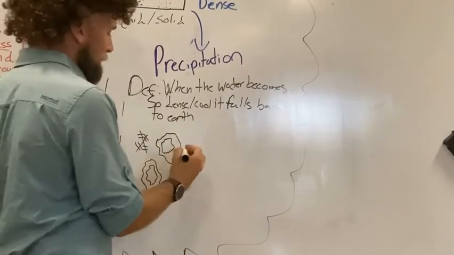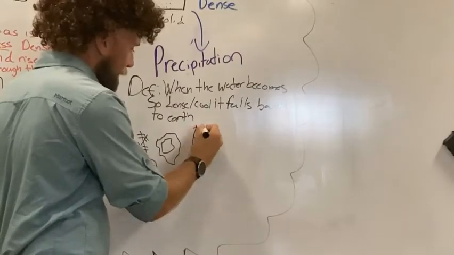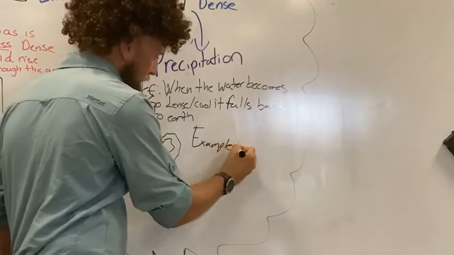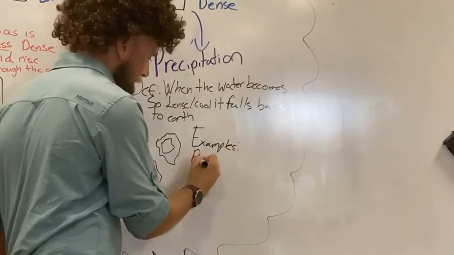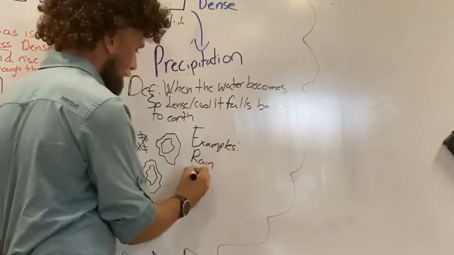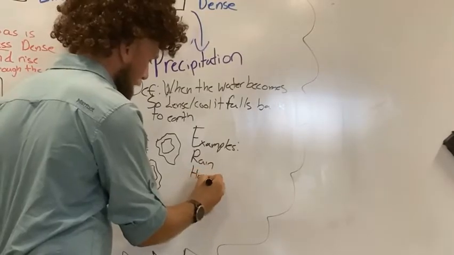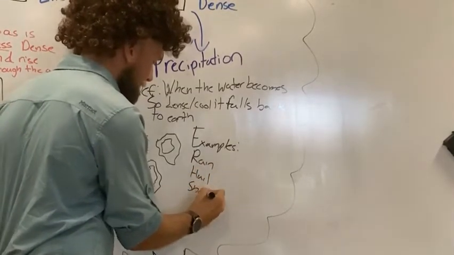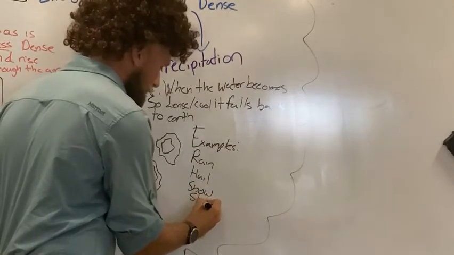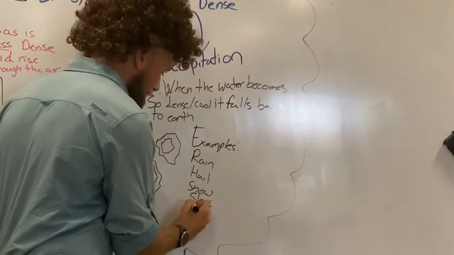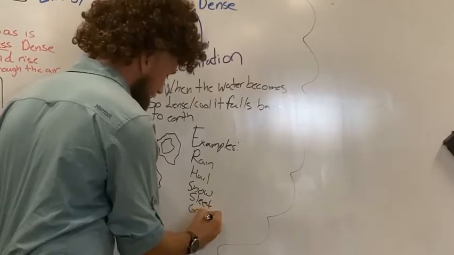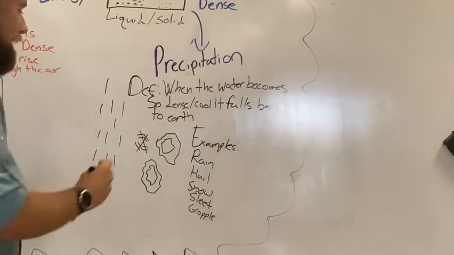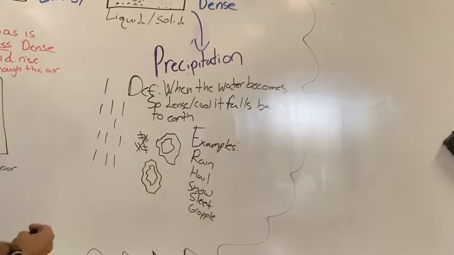So let's maybe just come up with a happy little list of some of those examples here for your notes. See here, I've got some pleasant little rain, nice little drizzle, maybe some nasty little hail, maybe some fun little snowflakes, maybe some sleet, some graupel. And all those are just some fun examples as it falls back to Earth.